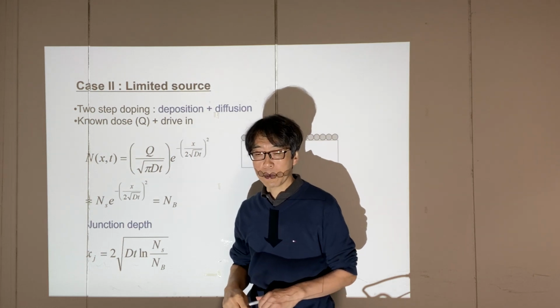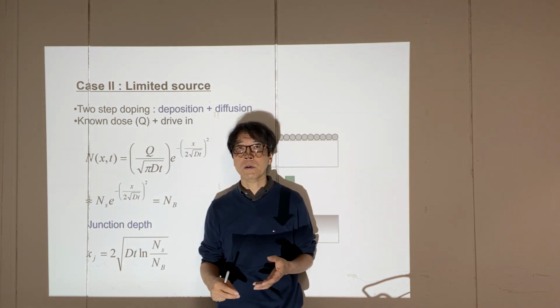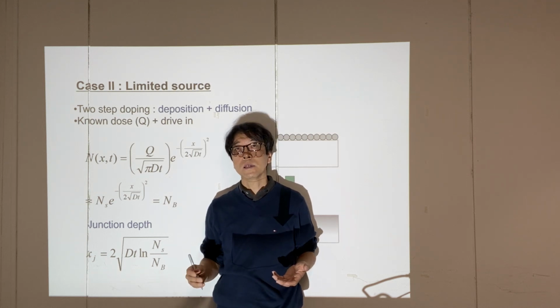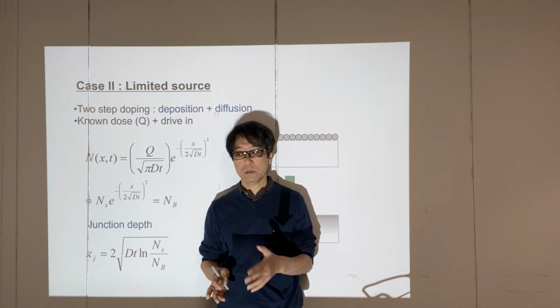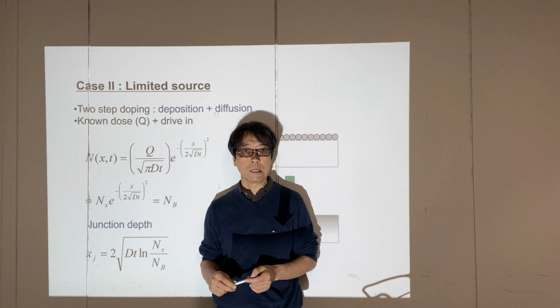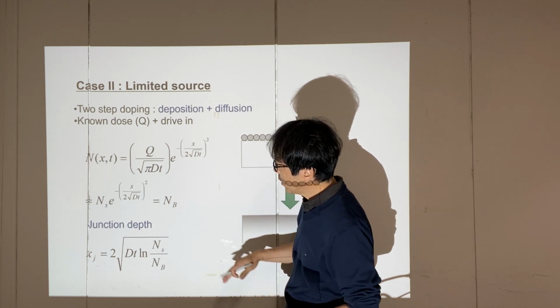That really makes sense because we supply a predefined amount of dose over the surface, and as time goes by, such dose will become less and less, because these impurities will diffuse into the body of the crystal silicon. So that's what's happening right here.